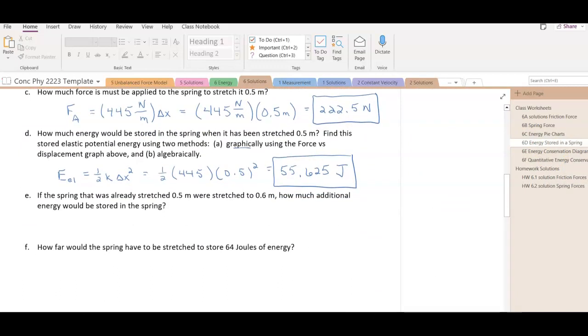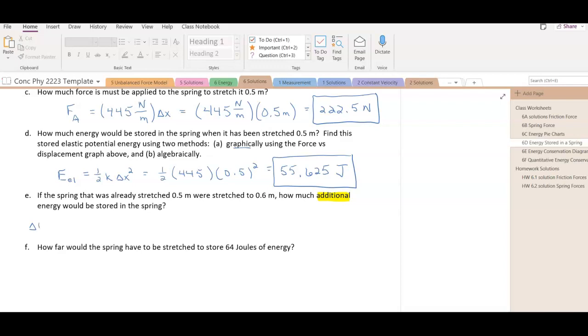Then it says if the spring was already stretched by half a meter, but then it gets stretched even further to 0.6 meters, how much additional energy would be stored in the spring? I'm talking about the difference between the energy stored when the spring is stretched by 0.6 meters and the energy when the spring is stretched by half a meter.